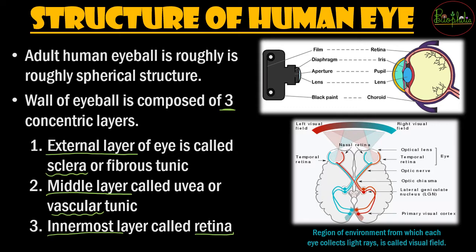So here you can see how is the camera compared to a human eye. For example, here you can see when you are watching the film, that is going to be the retina.